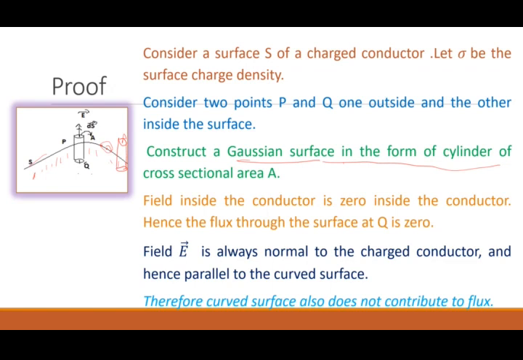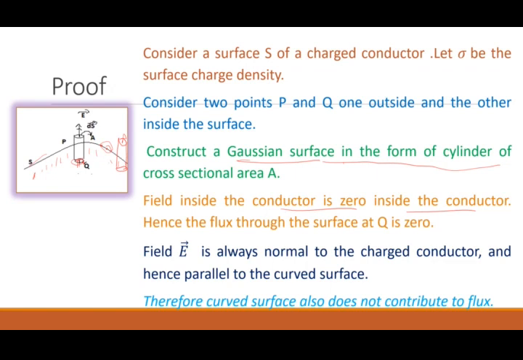Now consider the field inside the conductor is 0. Hence the flux through the surface at Q is 0, because inside the conductor electric field is 0. Therefore E dot ds from this part of the surface is 0. Field E is always normal to the charged conductor, and hence parallel to the curved surface.